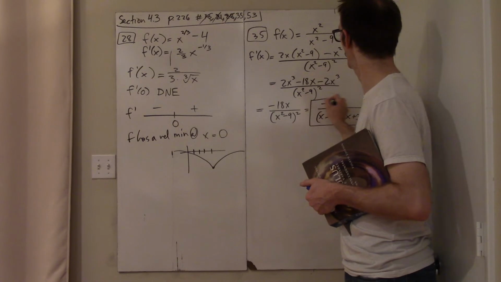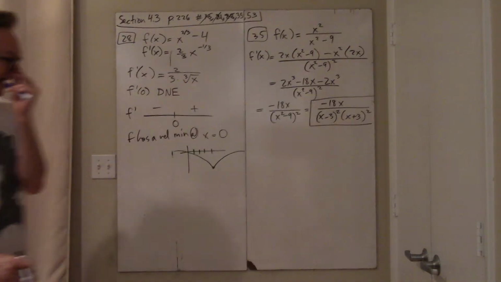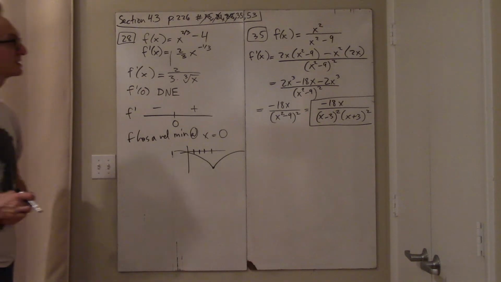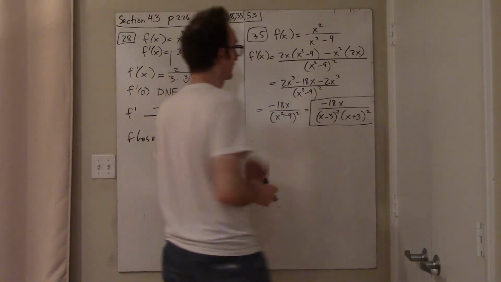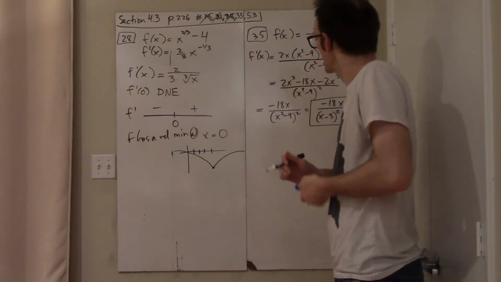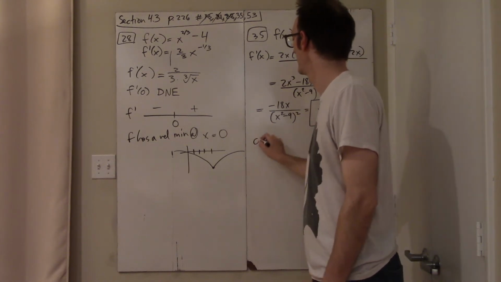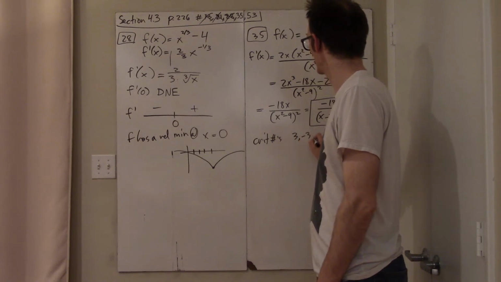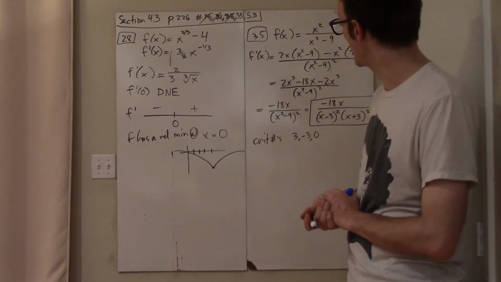We've now put in all of this effort to finding a nice way of expressing that derivative. Now comes the task of analyzing it. What are the critical numbers for this function? Well, there are several critical numbers. I guess 3 and negative 3 and 0 are critical numbers. But really, I think we should just do the sign analysis right now.